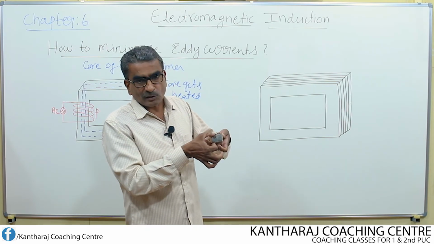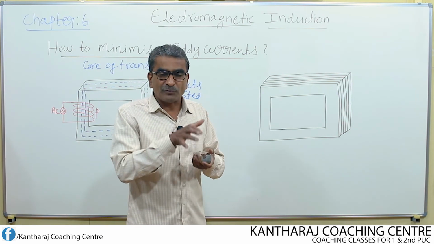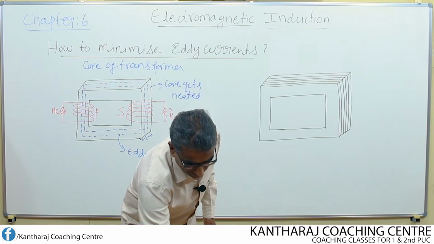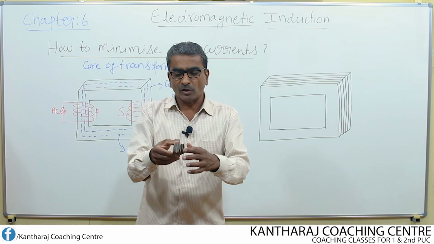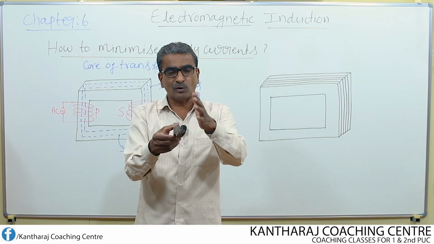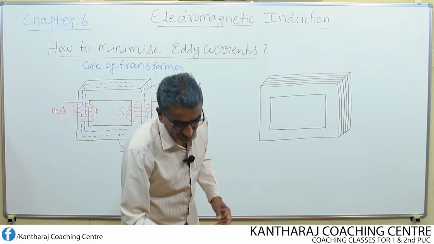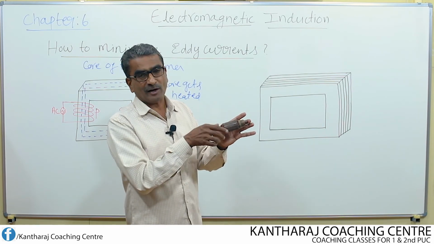Now this is the core, and this core is in the form of thin metallic sheets like this. Look here, this is nothing but the core that is used, thin metallic sheets used as the core in the manufacturing of the transformer, and also in the manufacturing of the coil of the armature.